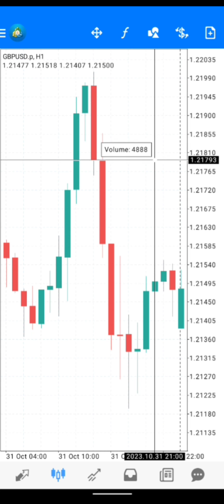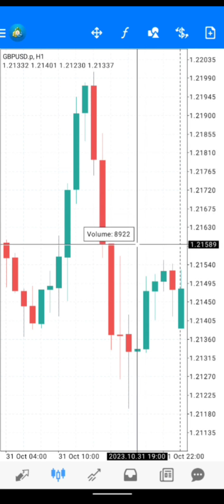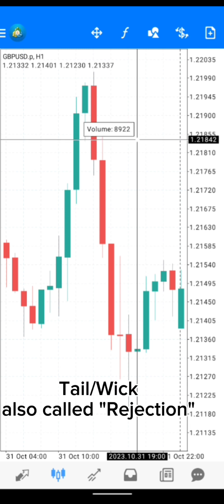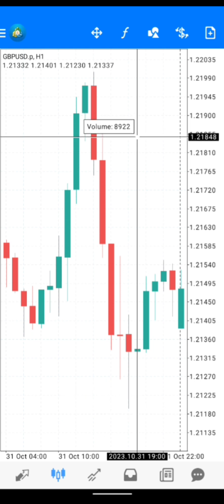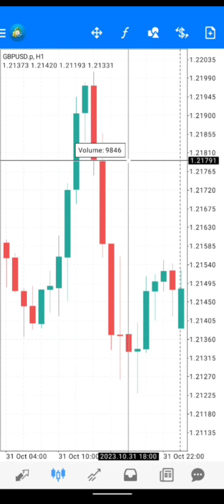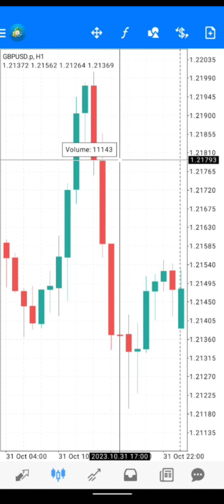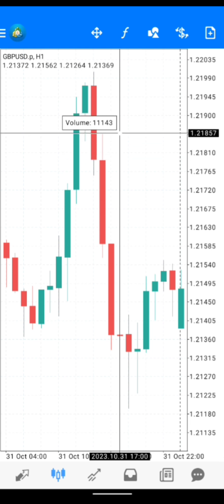So a red bearish candle opens higher and closes lower. The outer parts of the body are referred to as tail or wick. The wick is just an indication that price within that period reached that level, but it did not manage to close at that level.